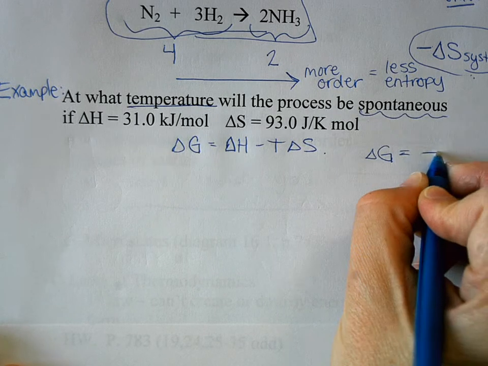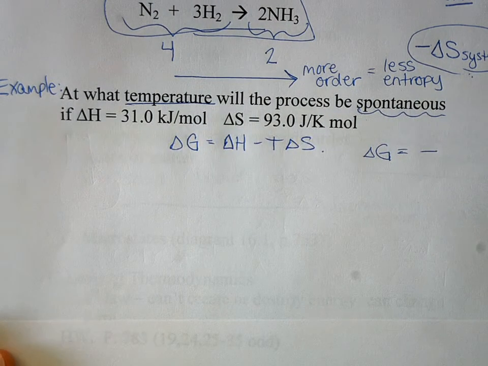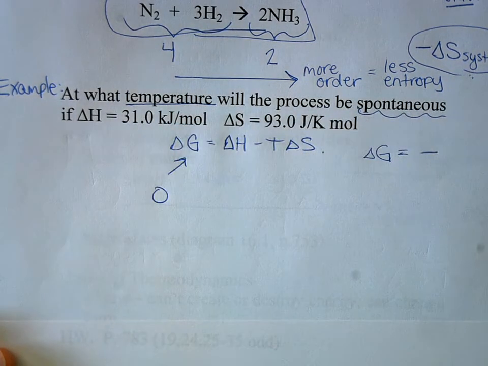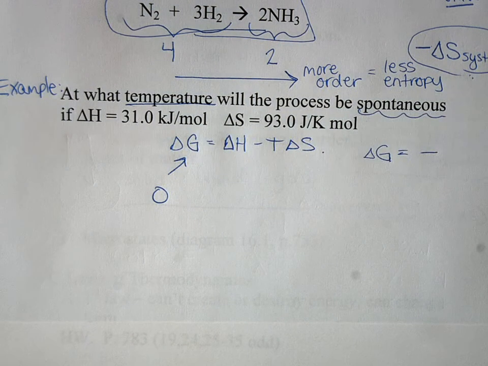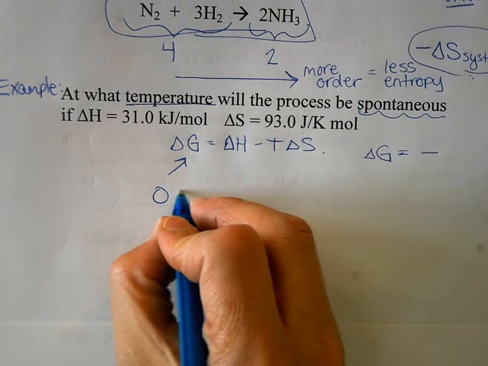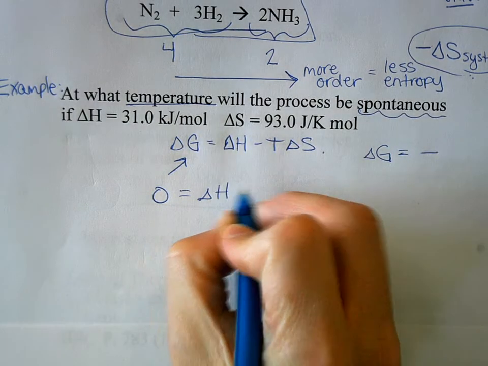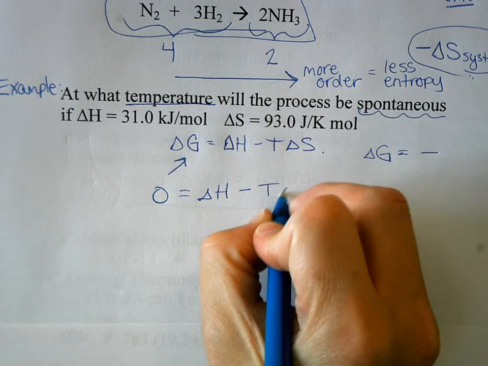So I'm going to plug in 0 for my delta G to figure out when it switches over from being not spontaneous to being spontaneous. So my delta G becomes 0, and then I can solve for T.